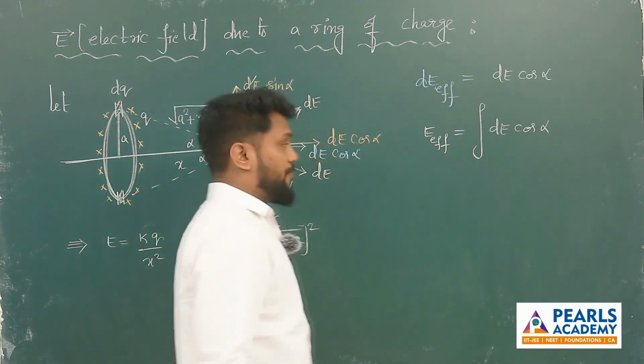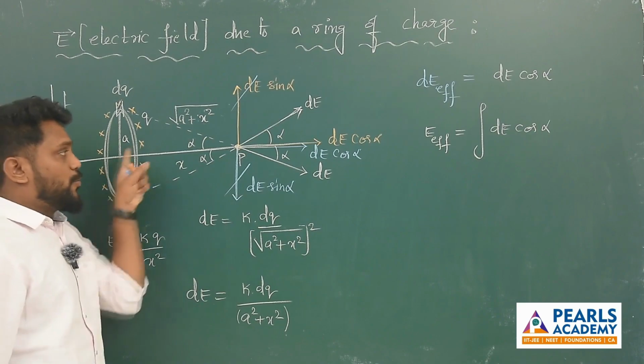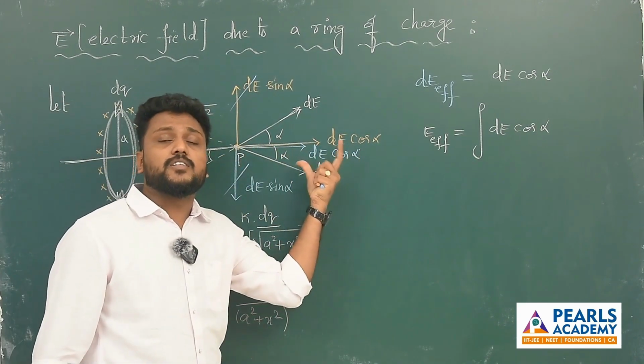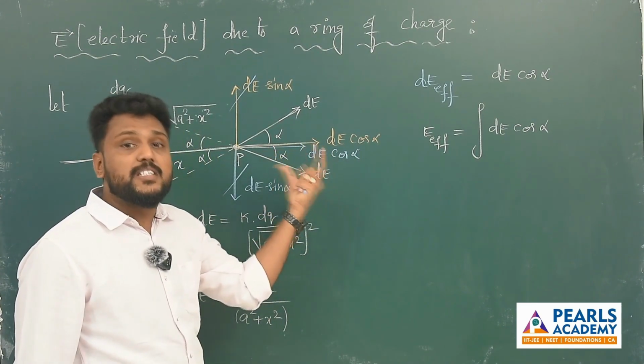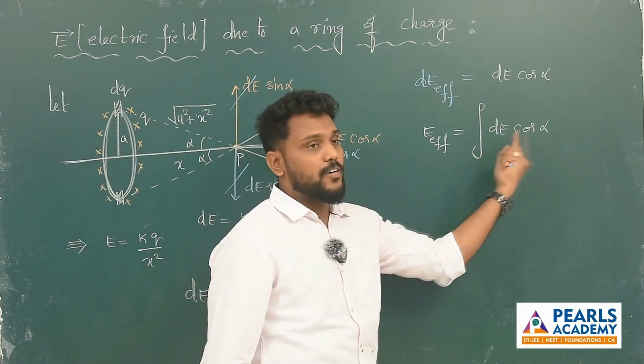That is the summation of the cos components of electric field due to each pair.